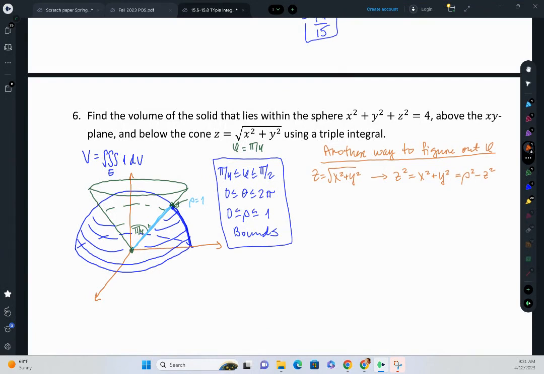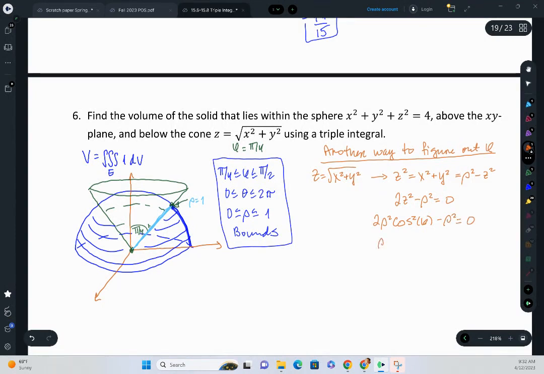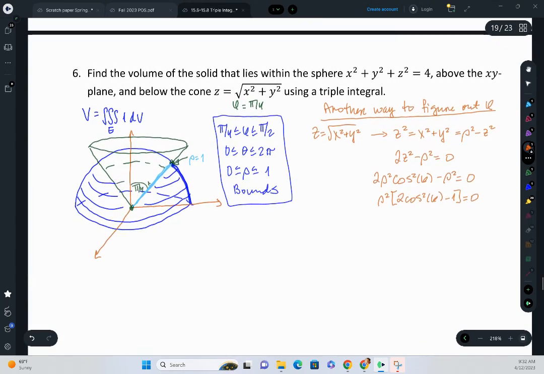Now, if we bring everything to the left-hand side, that means 2z squared minus rho squared is equal to 0. Now, I'm going to do that substitution where z is equal to rho cosine phi. So we get 2 rho squared cosine squared of phi minus rho squared is equal to 0. If I factor out a rho squared, I leave behind 2 cosine squared of phi minus 1 is equal to 0.